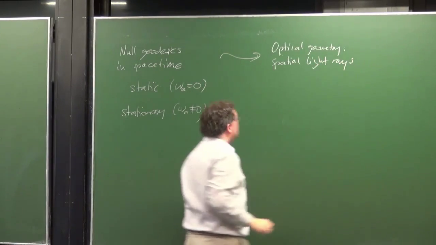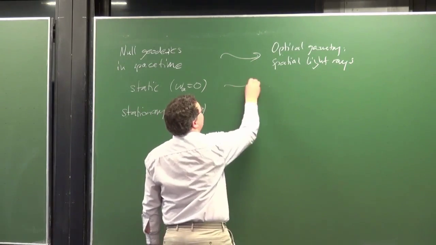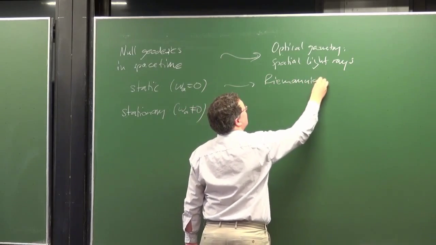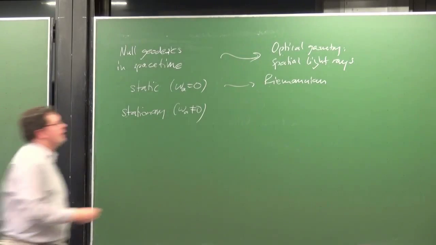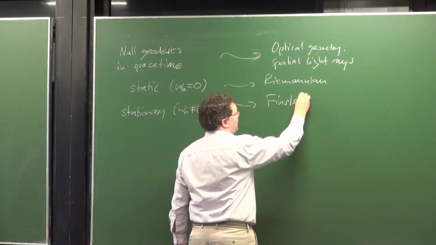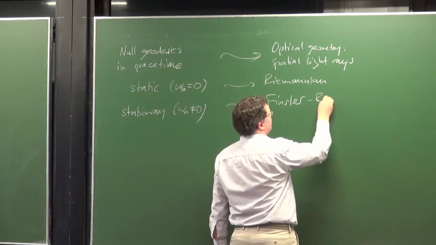For a static spacetime, this is Riemannian optical geometry. For a stationary spacetime, it's more complicated. I'm not going to go into the details of this. This is a Finsler metric of a particular type called Randers.